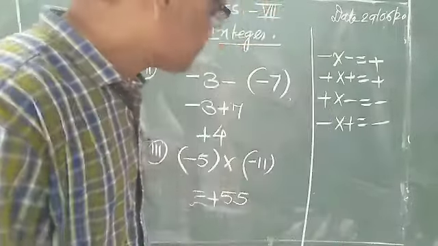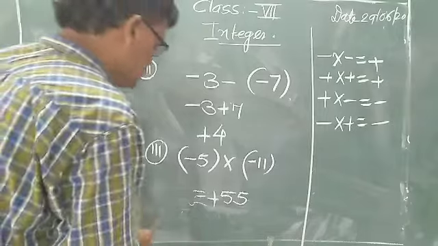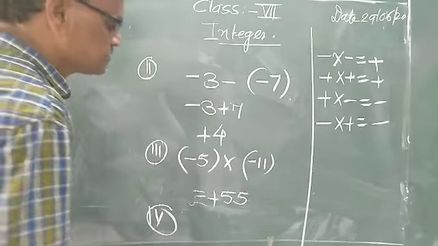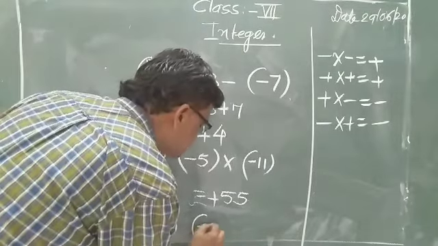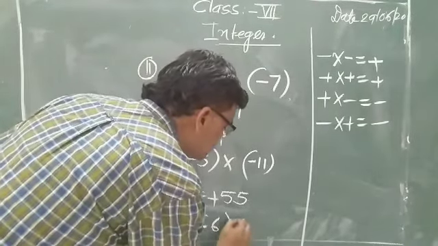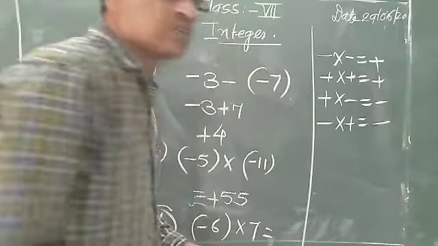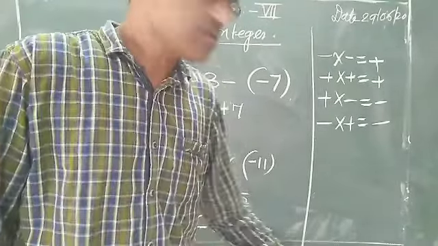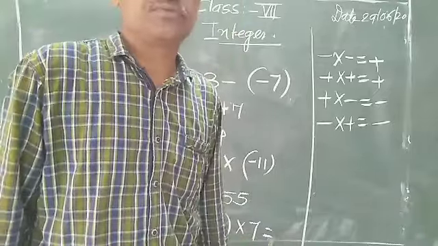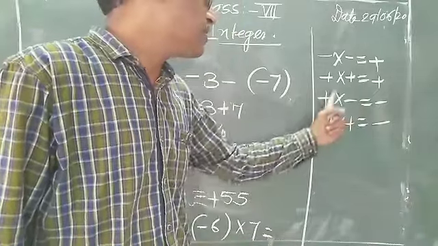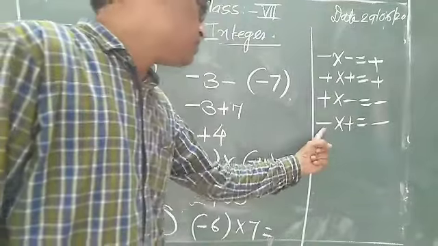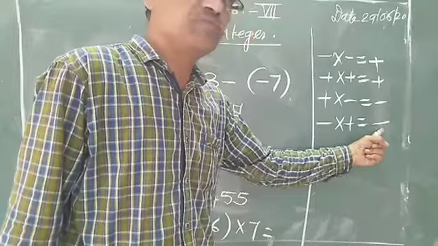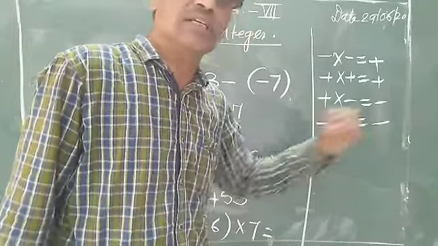Dear student, see the fourth problem, that is negative 6 into 7. You see here, one is negative and another is positive, which means the result of the product is negative.